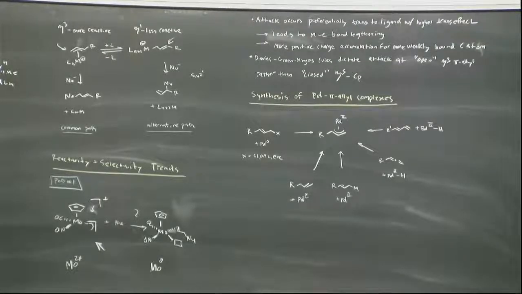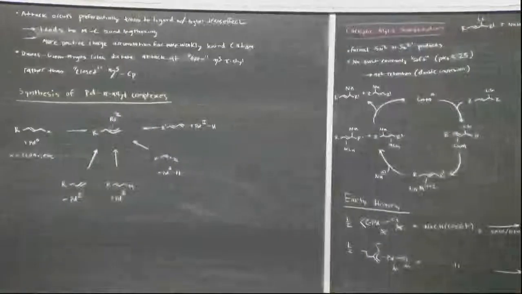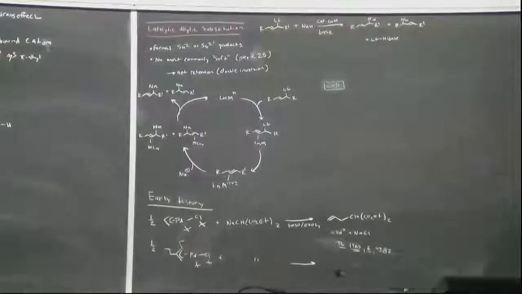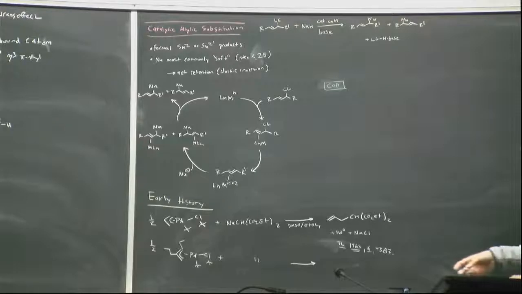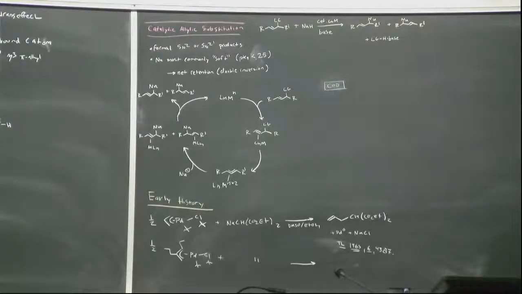So now let's consider the catalytic versions, putting together these different elementary steps that we've discussed, and then thinking about guiding principles for how to predict reactivity, selectivity, etc. Here's just a general depiction of a generic catalytic allylic substitution.